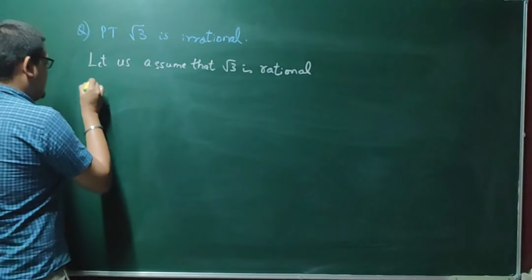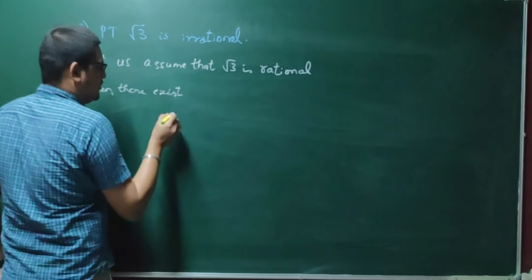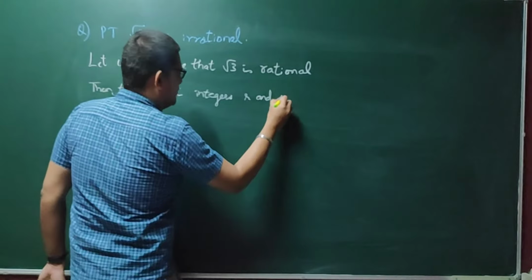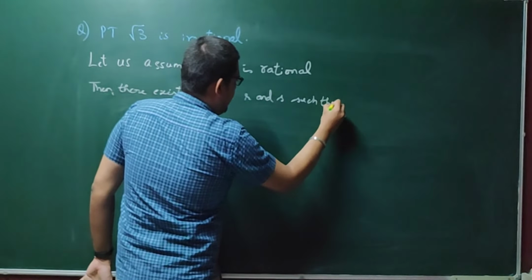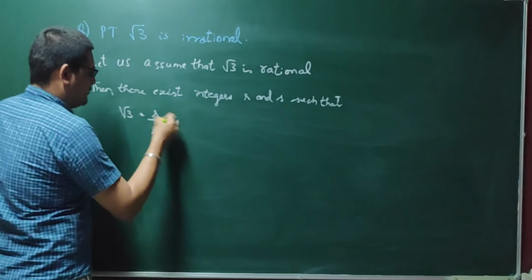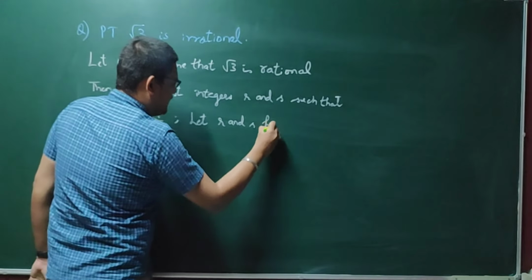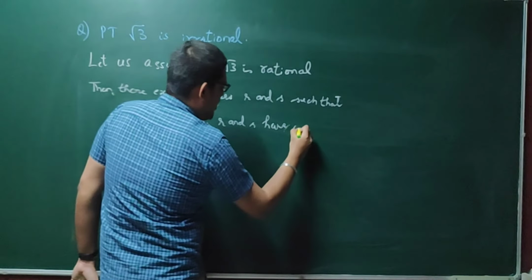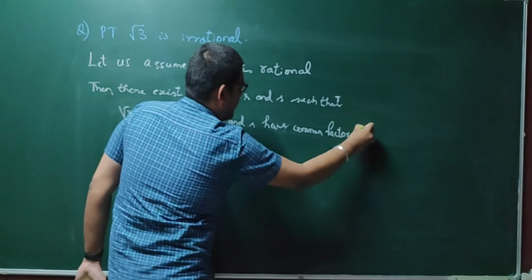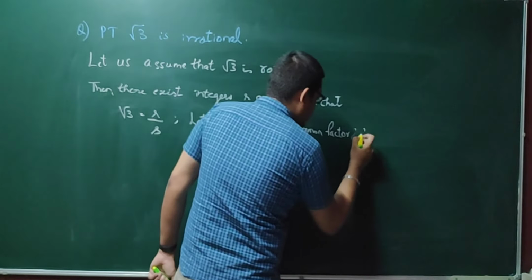So let us say there exist integers R and S such that root 3 is equal to R by S. Let R and S have a common factor D.